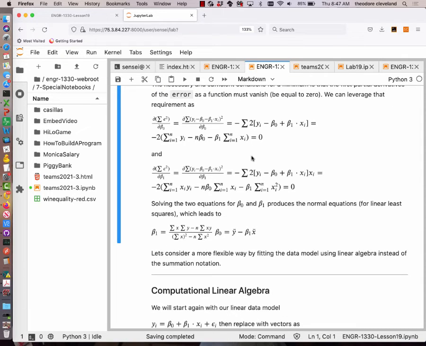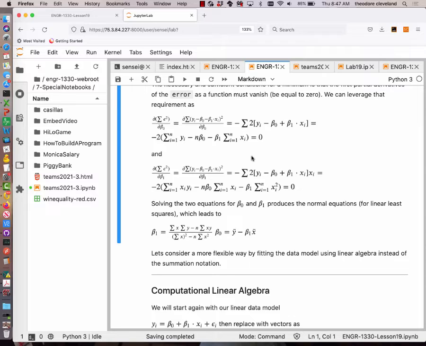And we can leverage that requirement by doing the following, well, both calculus and that algebra stuff. So we take the first derivative of the sum of errors squared with respect to beta 0. And I won't read all the manipulations. When we get to the end of every simplification we can do, we get minus 2 times the quantity sum of y minus n beta 0 minus beta 1 sum of the x's.